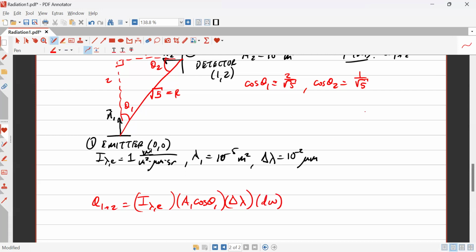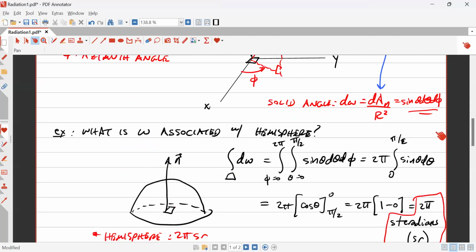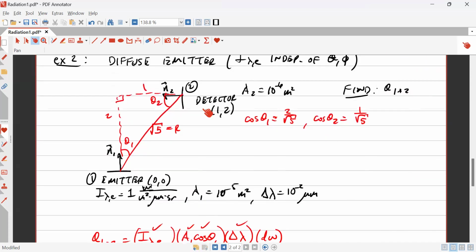All right, so then really we have A1, we have cosine theta 1. So if we go here and check out what we have, this, this, and that. So we still need to get d omega. So d omega is, again, defined here, if we go up, as the normal area over r squared. In other words, this is the projected area of the detector as seen from the emitter.